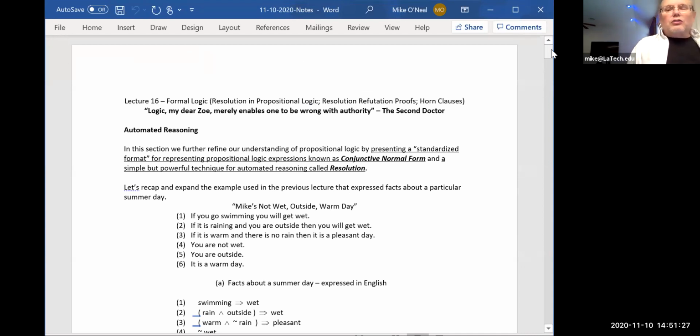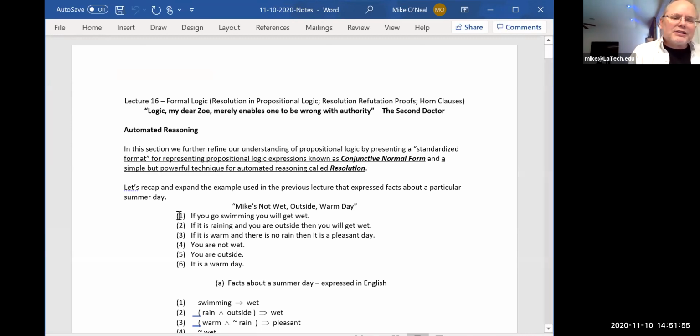Now, logic works. The rules of the game do reflect how people reason, okay? But I said that the place we go wrong is a lot of times in our translation of English into logic, into propositional logic.